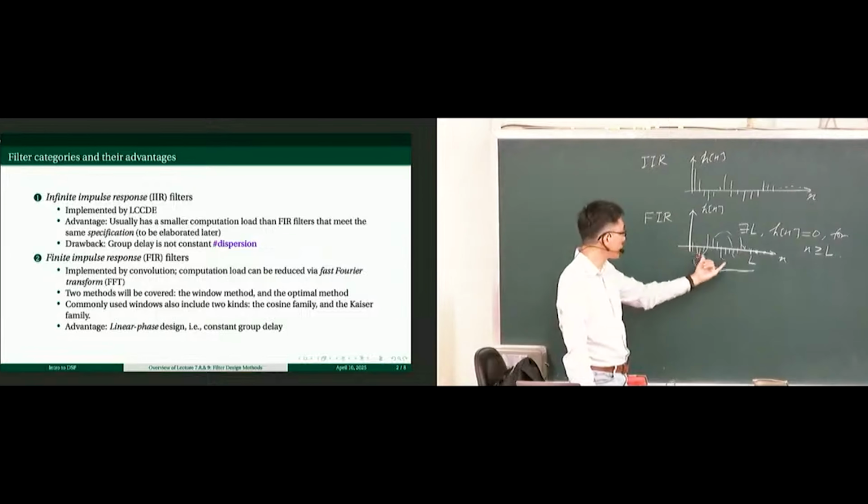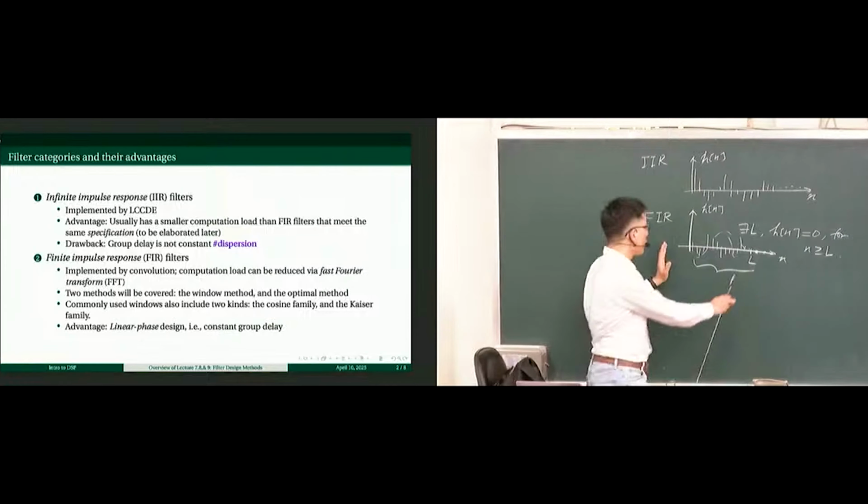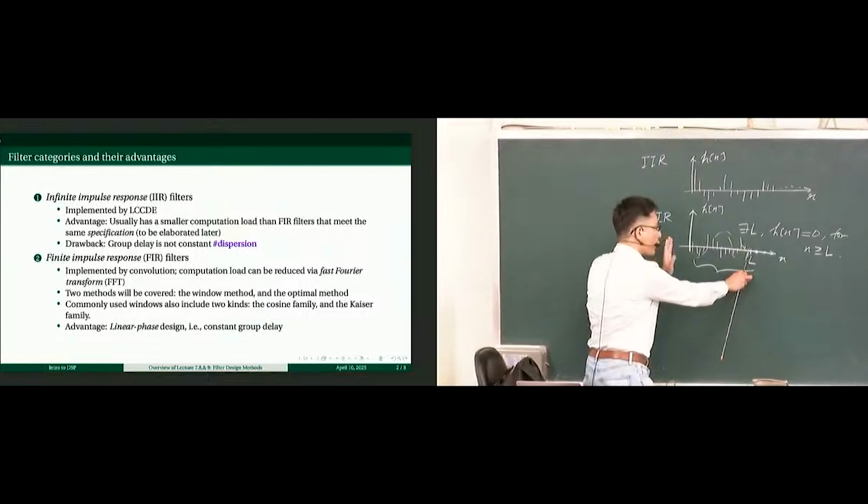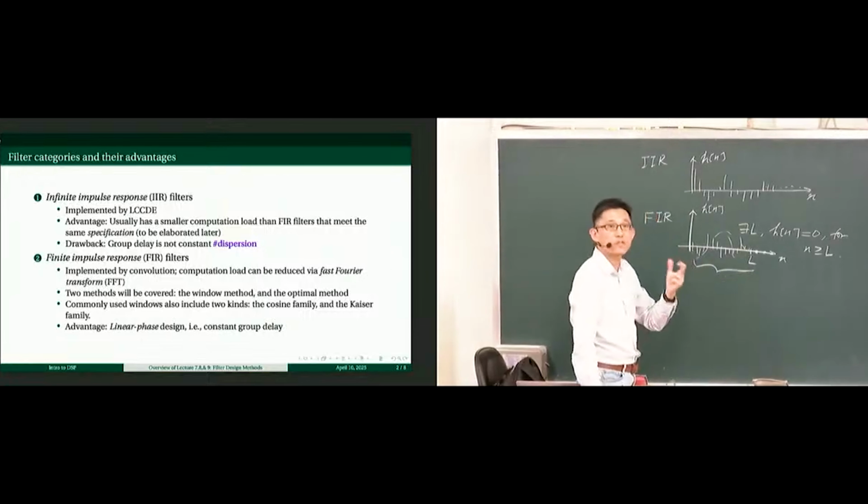But anyway, the idea is that the duration over which the impulse response is non-zero is finite. It's pretty easy to understand. So finite impulse response, infinite impulse response. Right, so we look at some comparison of these two different categories.